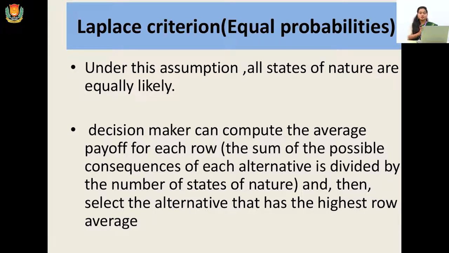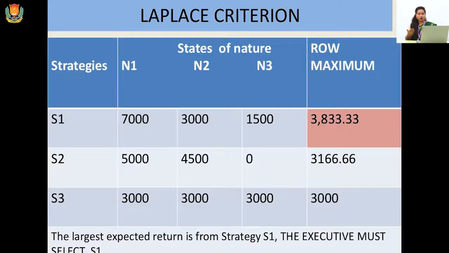Decision makers can compute the average payoff from each row or each column, by summing the possible consequences and dividing by the number of states of nature, and then select the best alternative accordingly. As I said before, you choose the highest row average, and the minimum one from the column.